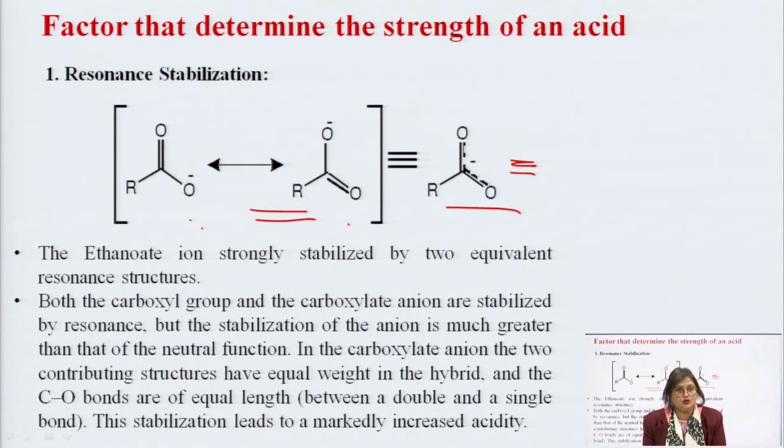Both the carboxyl group and the carboxylate anion are stabilized by resonance, but the stabilization of the anion is much greater than that of the neutral functional group. In the carboxylate anion, the two contributing structures have equal weight in the hybrid and the CO bonds are of equal length. This stabilization leads to a markedly increased acidity.